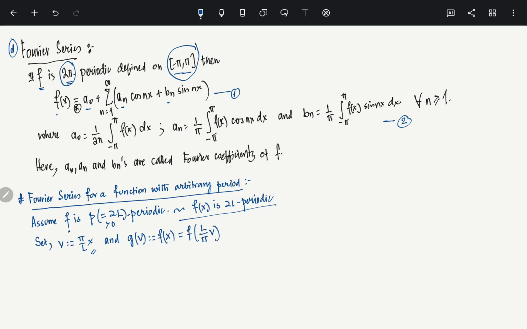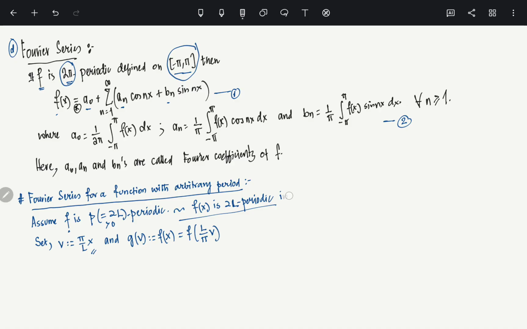So you see, now f is given to be 2l periodic, right? So f of l and f of minus l are going to be the same, right? Okay, so we are assuming that it is 2 pi periodic in, let's say, minus pi and pi.